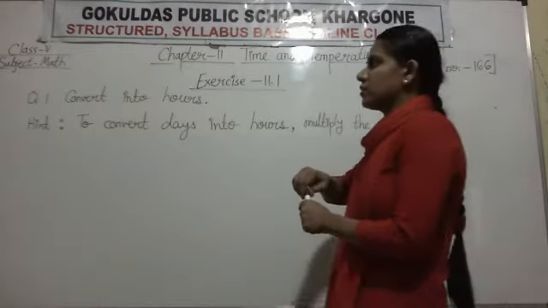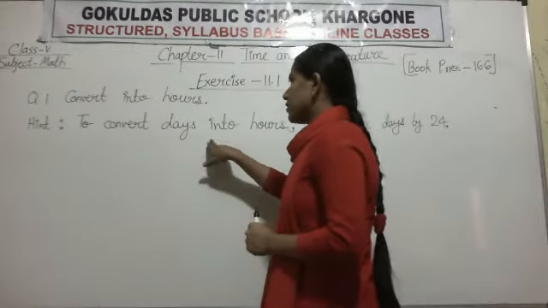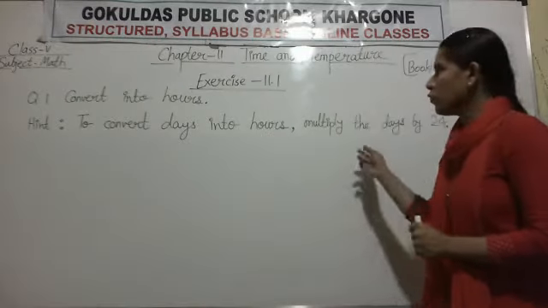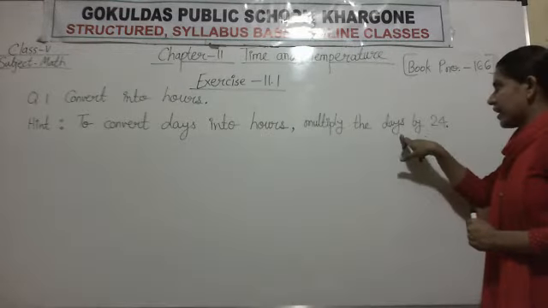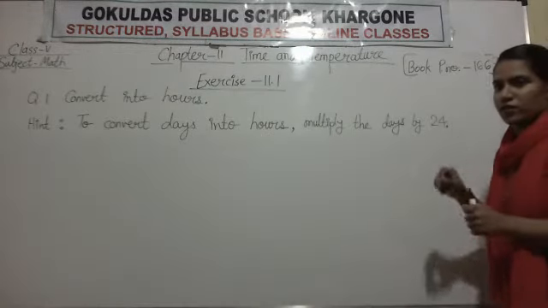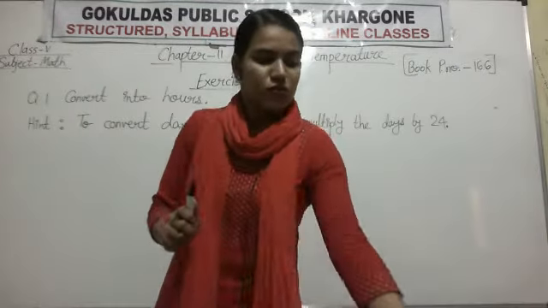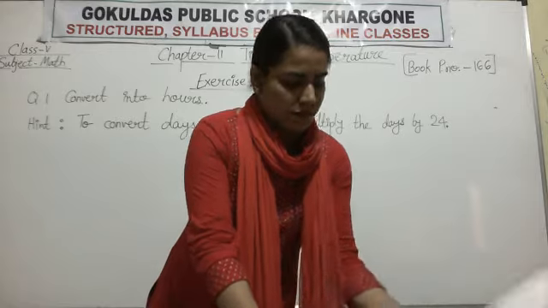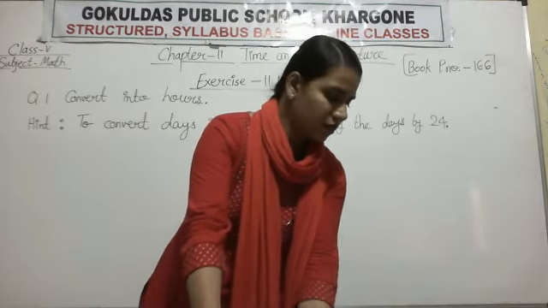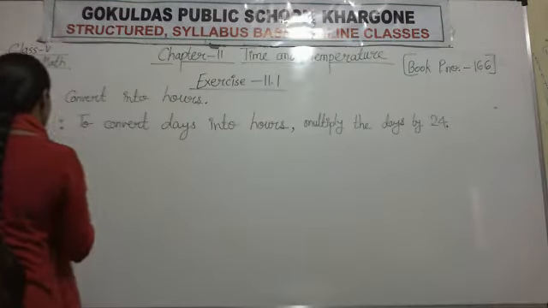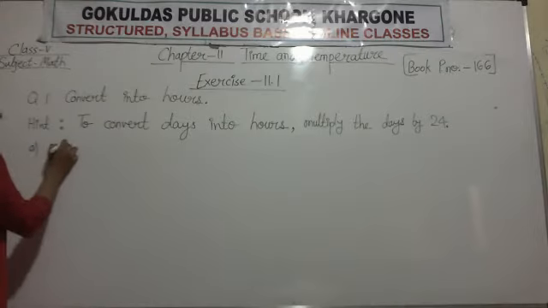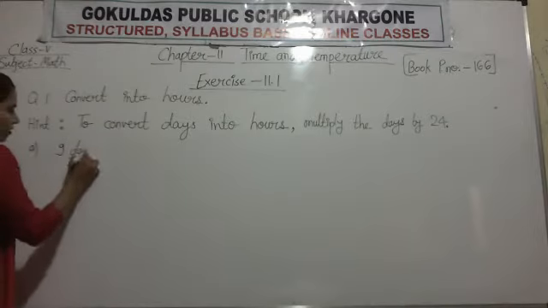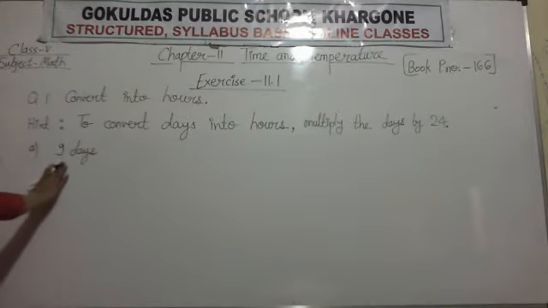To convert days into hours, we multiply days by 24. Let me check what is given. Question A is 9 days. You want to convert these days into hours.